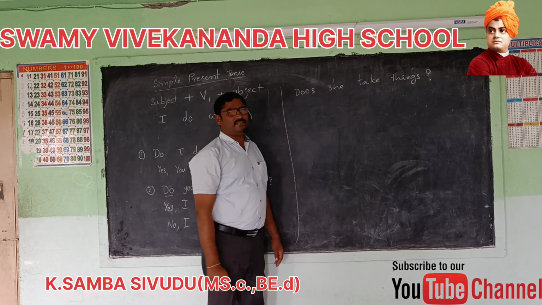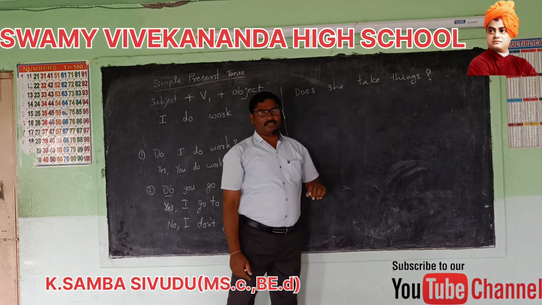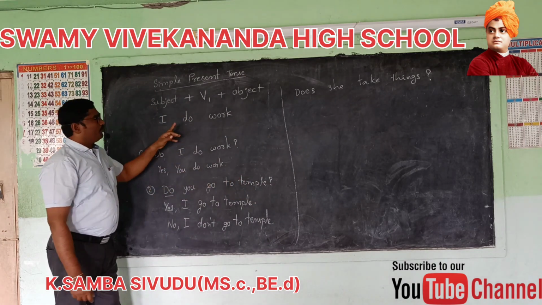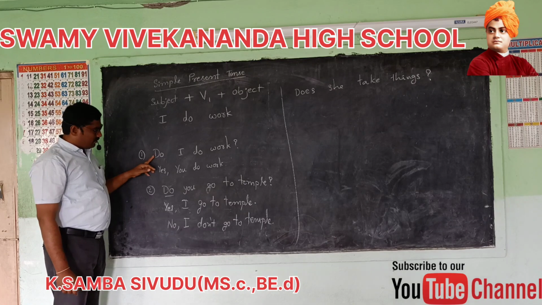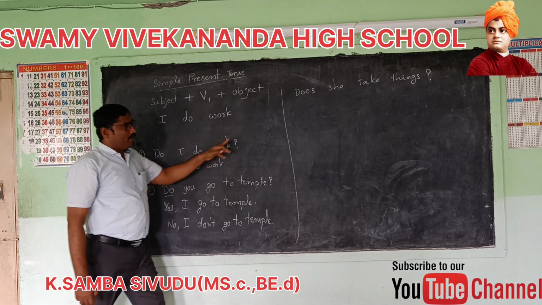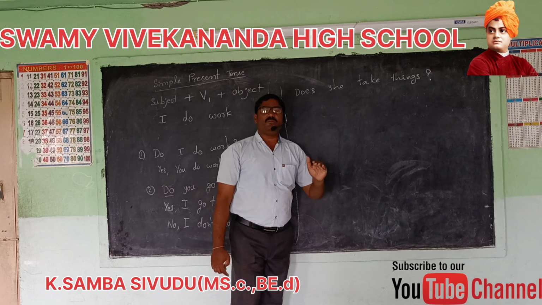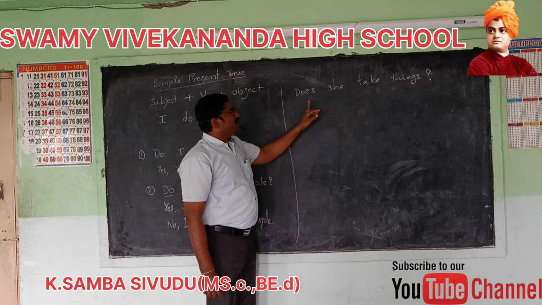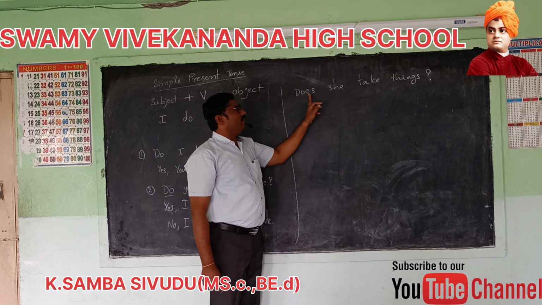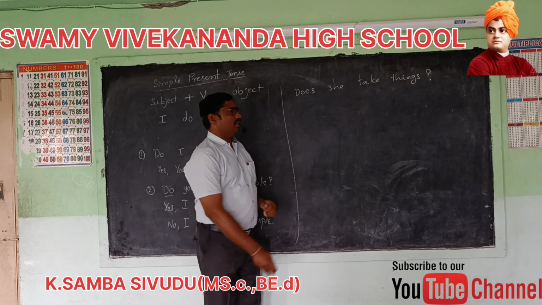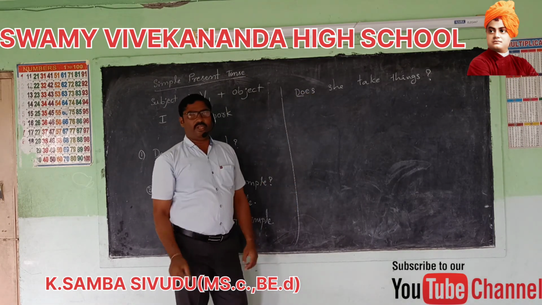Does she take things? The variation, the pronouns for I, you, and we, they, we start the question with do. But the pronouns of she, he, it, third person singulars, that it starts with does. Es is added for the verb in the question. So, do, if the verb is ending with o, we add es.